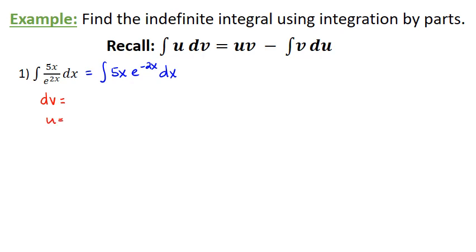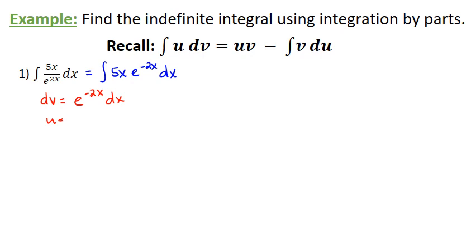Recall from the guidelines, it's helpful to choose a dv that is the more complicated part so that we can integrate it easily. So I'm going to let dv equal e to the negative 2x, and remember the dx is always included.